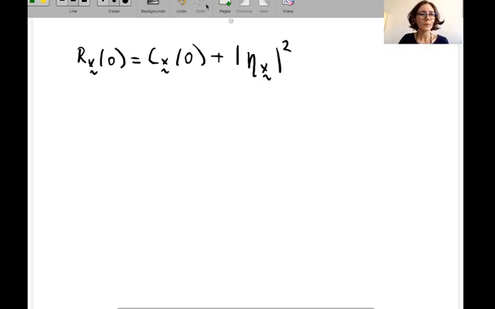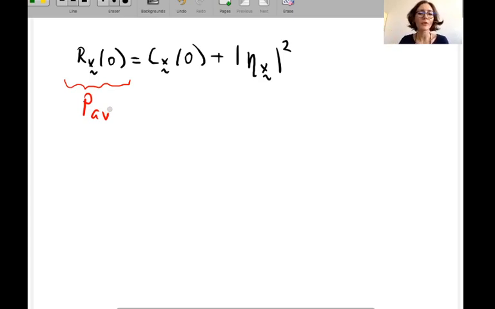Now, what we will do for ergodic random processes from now on, well, we have already seen that if a process is ergodic, this part Rx of 0 is called the average power. This can be interpreted as the average power. Why?